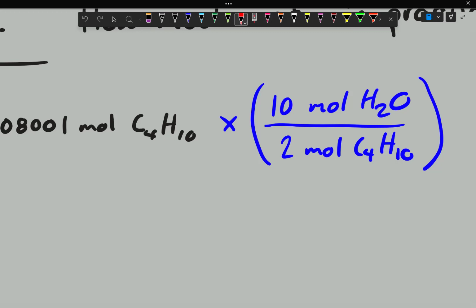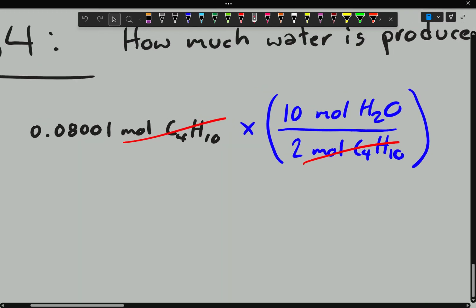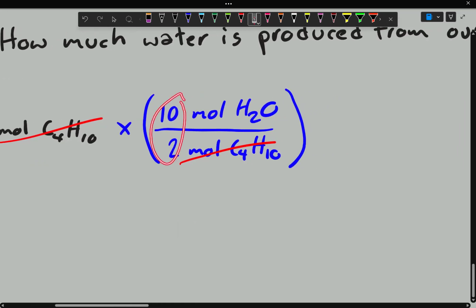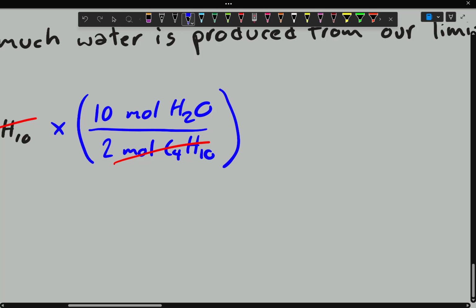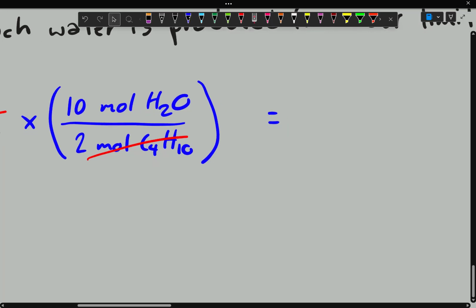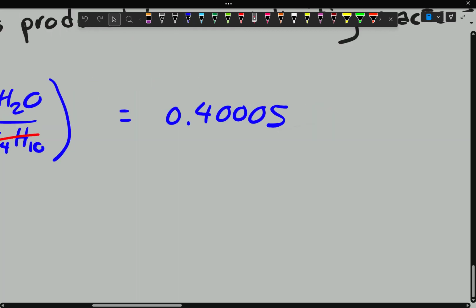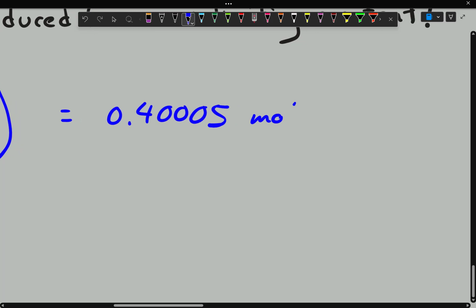Of course, the moles of butane cancel, and you're just left with 0.08001 multiplied by 10 over 2. If you perform that calculation, you get 0.40005 moles of H2O.